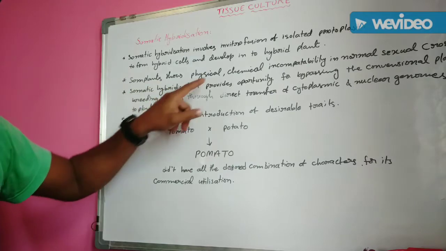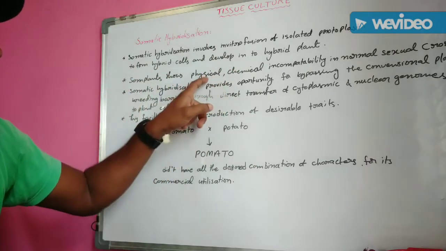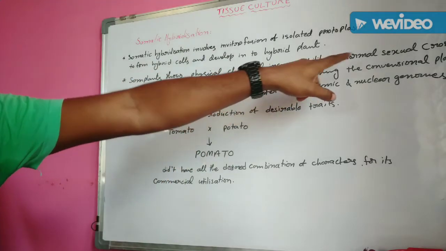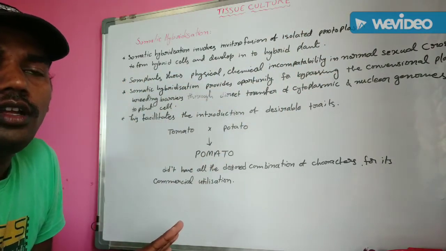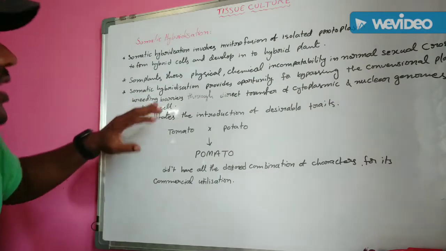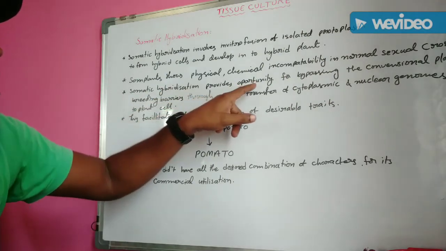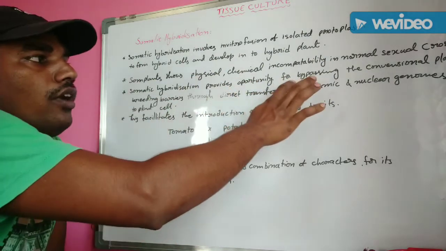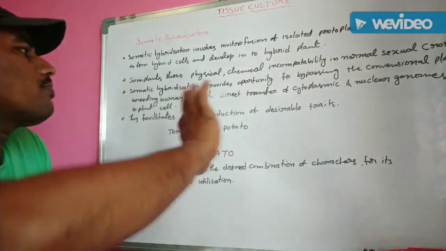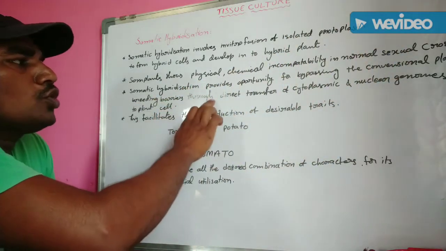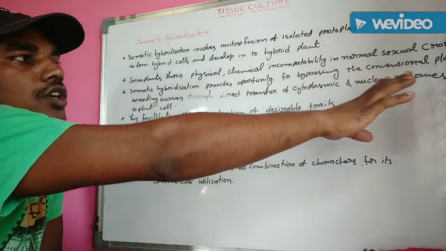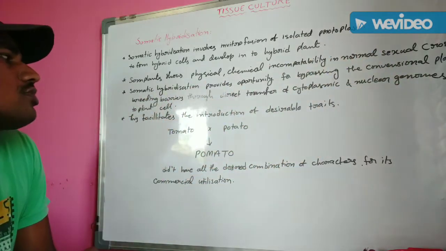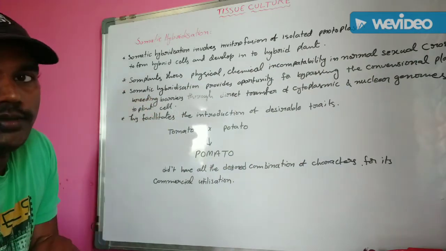Some plants show physical or chemical incompatibility in normal sexual crosses. But somatic hybridization provides an opportunity for bypassing the conventional plant breeding barrier through direct transfer of cytoplasmic and nuclear genomes to the plant cell.